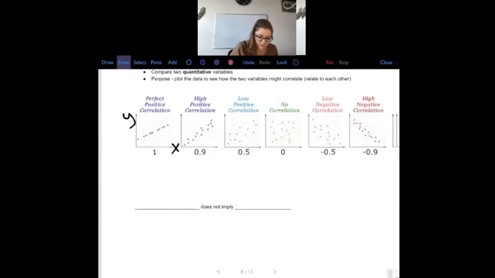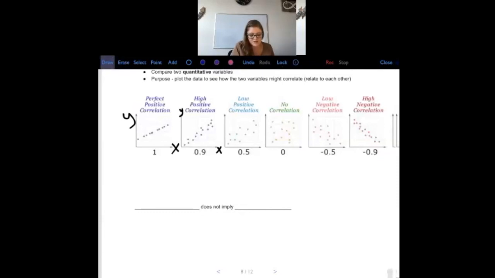So for instance, with perfect positive correlation, our line of best fit would go through and all of the dots essentially fall on that line. For the second line, high positive correlation, it's saying as one value goes up, the other one goes up as well.